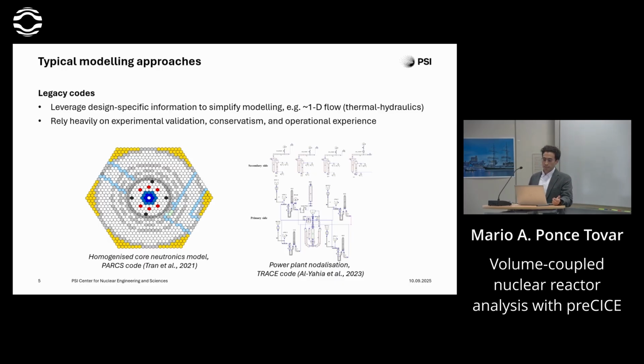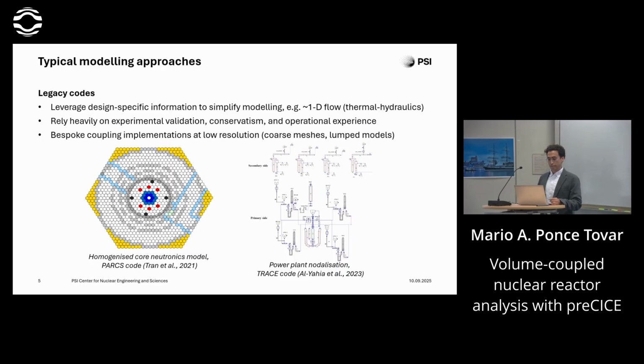And then they rely a lot on what I mentioned, the conservatism, but also experimental validation and operational experience. And then as far as the coupling, this is done basically between these fairly low resolution codes. So it's not especially challenging performance-wise, and the coupling implementations are typically bespoke and not very advanced in that regard.